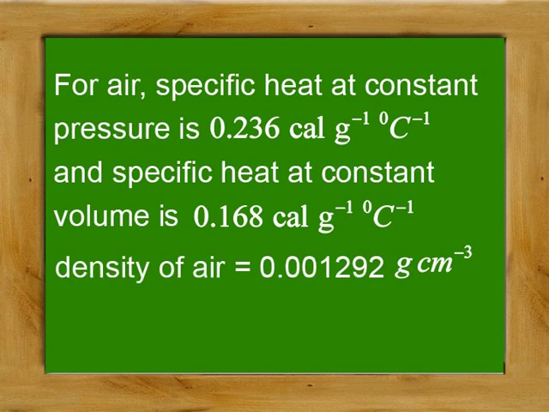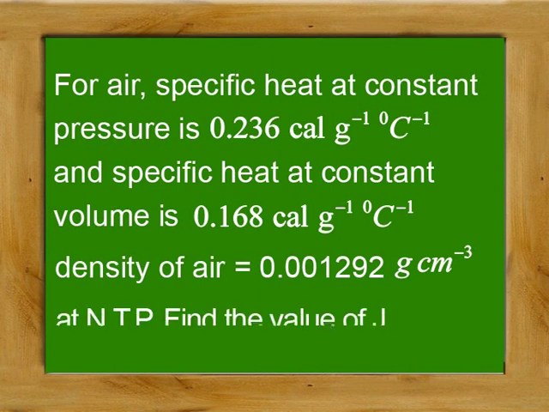Density of air is equal to 0.001292 gram per cubic centimeter at NTP. Find the value of J.